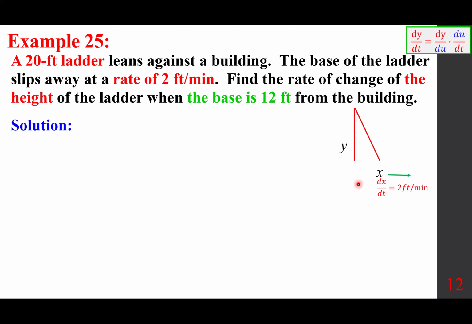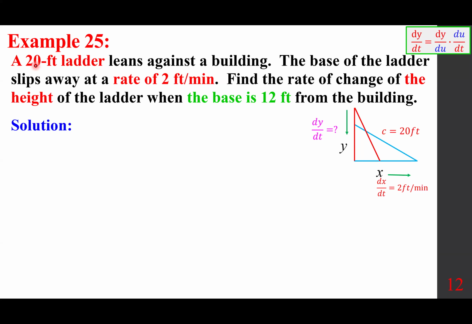So it's coming down this way, creating this shape, which is a right triangle with this coming down, creating dy/dt, and that's what we are looking for. And the ladder is fixed. It doesn't change the size. So it's 20 feet.